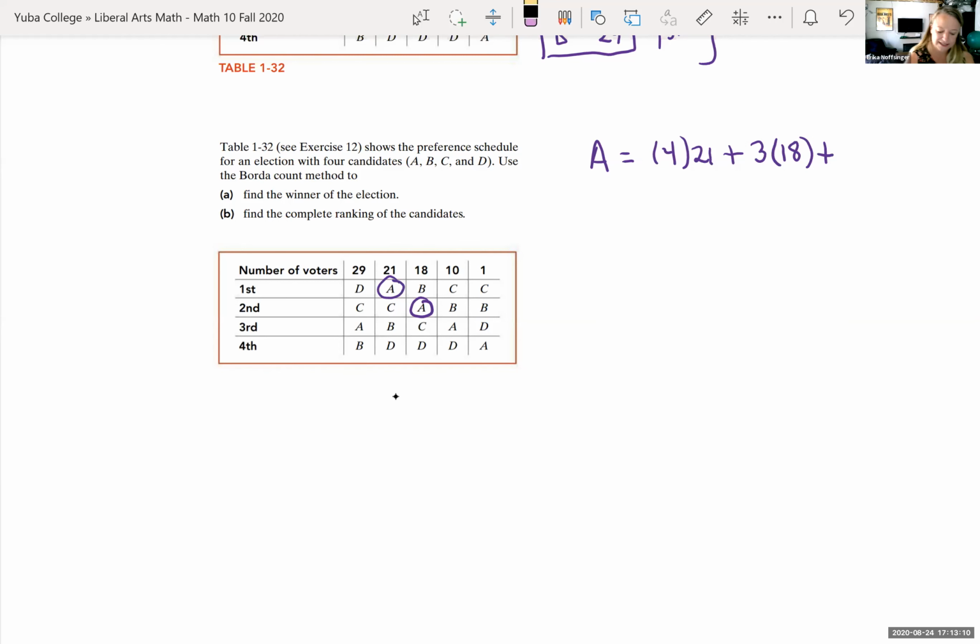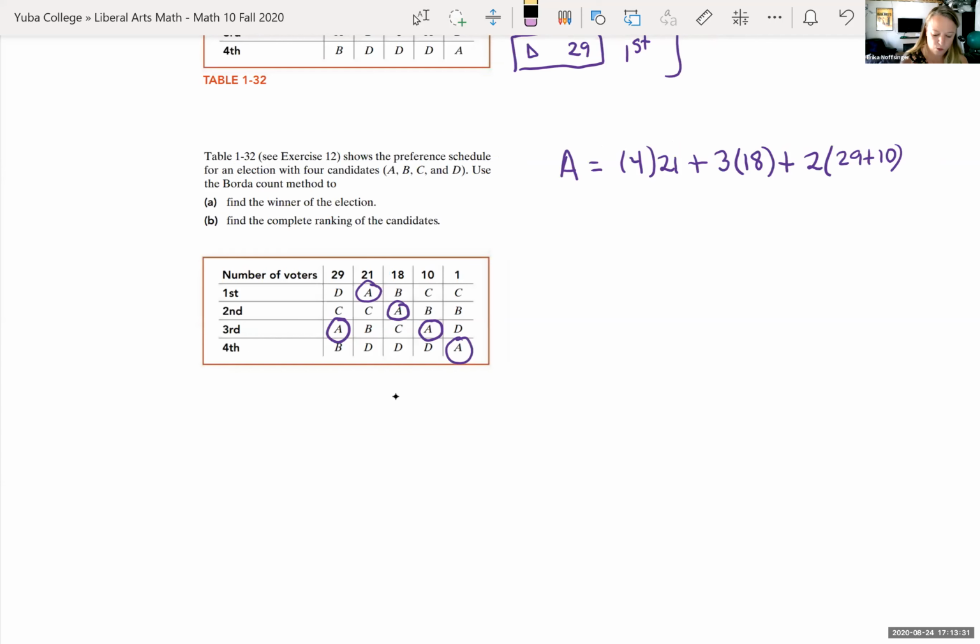Third place is worth 2 points, and A came in third with 29 on this list plus 10 here, so 2 times the quantity of 29 plus 10. Plus fourth place is worth 1 point, so 1 point times, and only one person voted them to be fourth place.